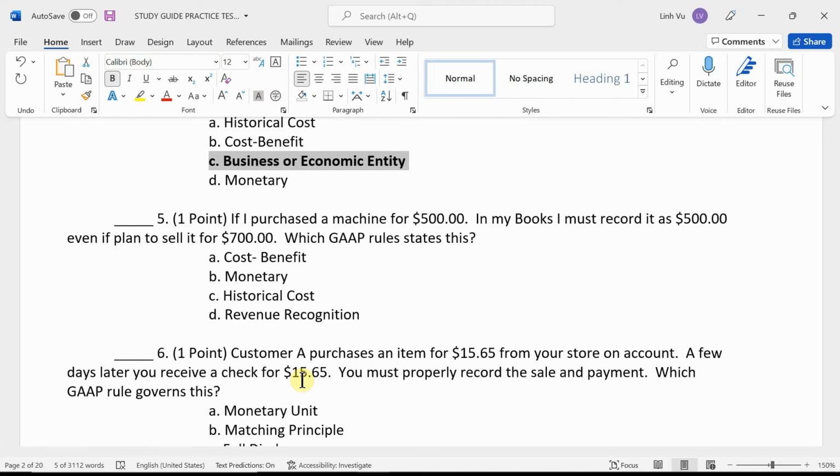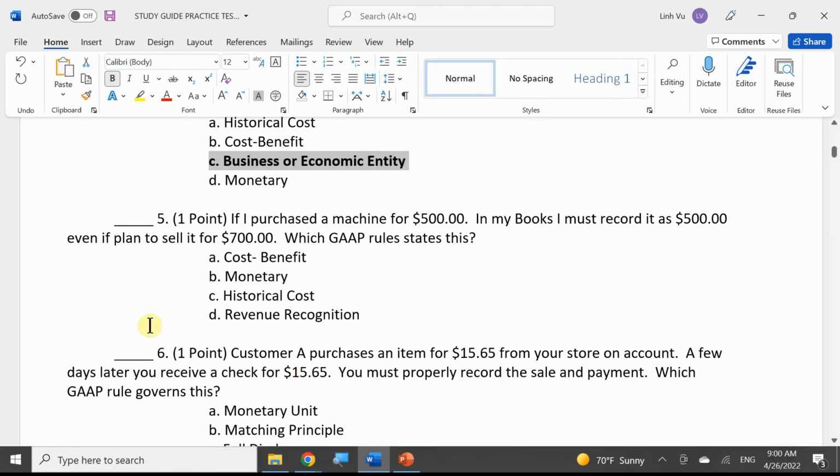Same thing if you expect at least $300 out of it and take a $200 loss, you still need to record it at $500, because it doesn't matter how old your asset is. If you had it for 10 years, it will still remain $500 in your books until you dispose of it. So this is the historical cost.